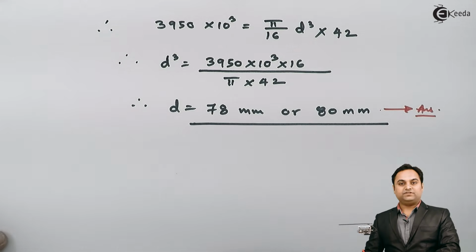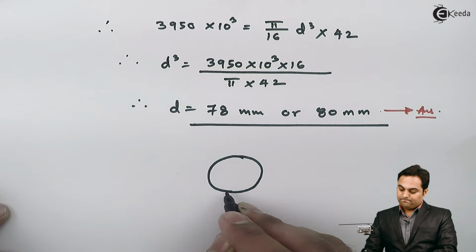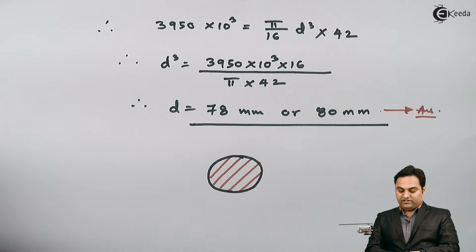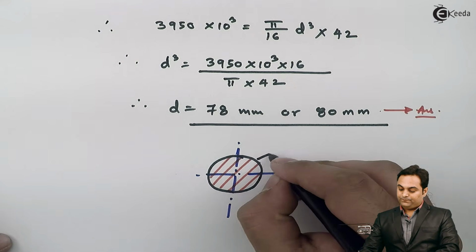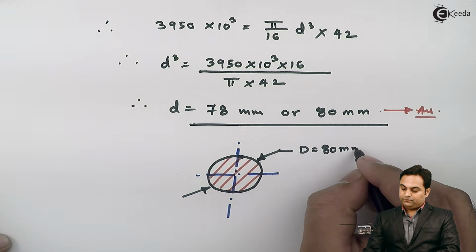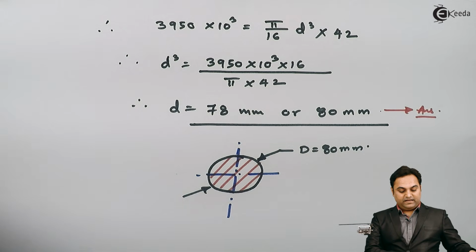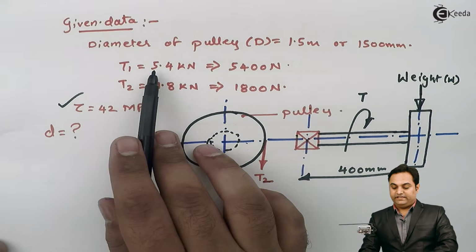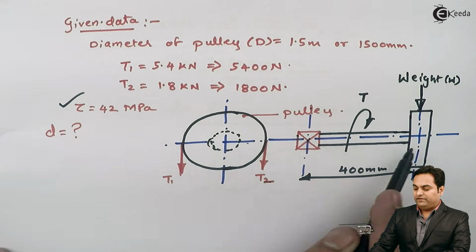So this is our answer, and the meaning of this is that here we are having a shaft whose external diameter would be 80 mm for the given conditions, that is, for the amount of power transmitted as they have given in the question, and for the amount of tensions there on this pulley, the shaft diameter should be 80 mm, then only it would be resisting all these values.